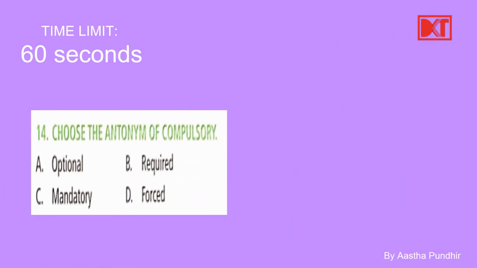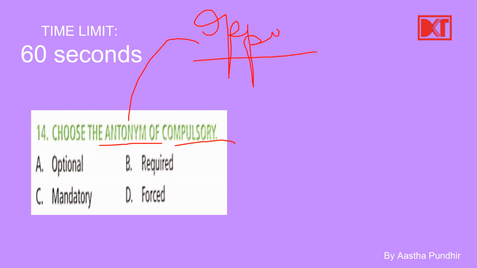Alright, here choose the antonym of compulsory. Antonyms क्या होते थे? Opposite words. Right? Compulsory का opposite. Okay. Now here optional. Alright, optional is the correct answer. Optional is the antonym, मतलब opposite of compulsory. The rest of these, required is a synonym.